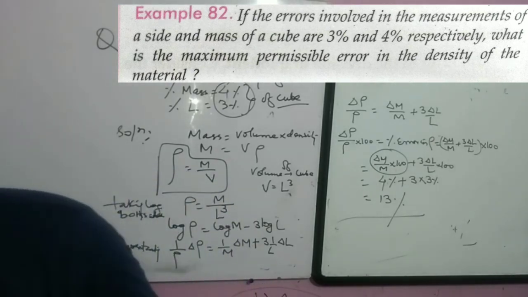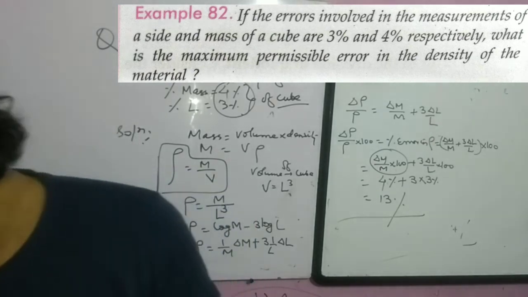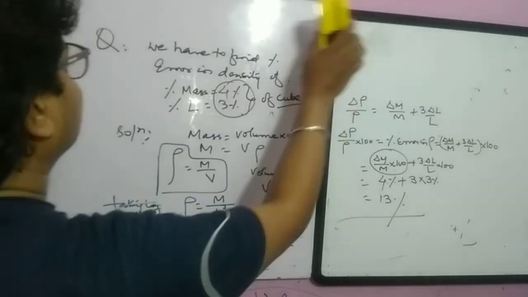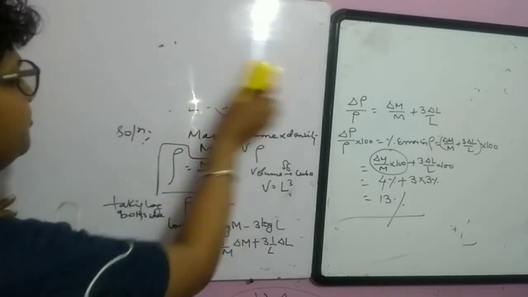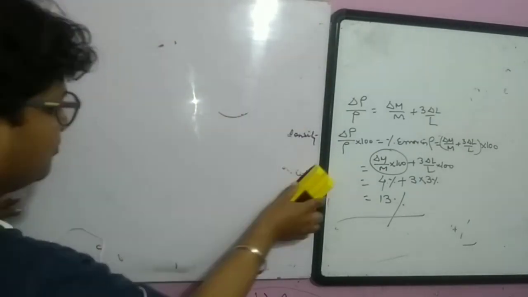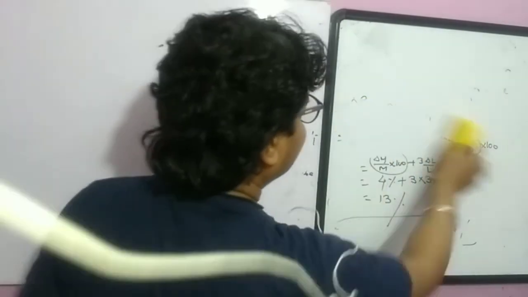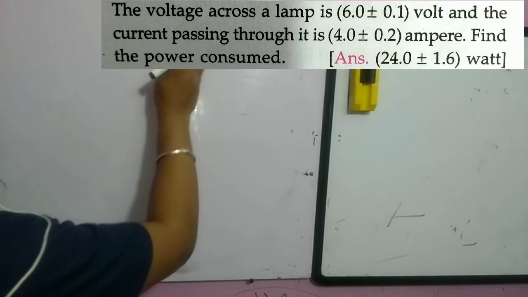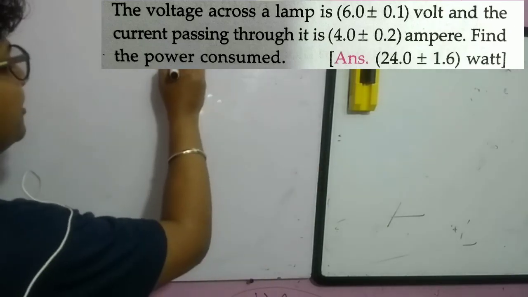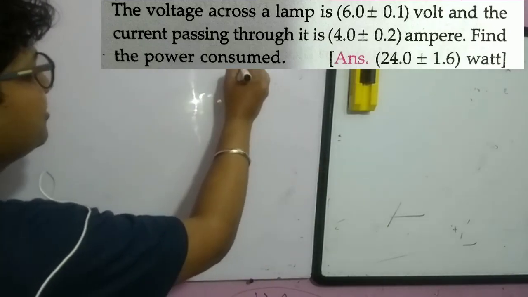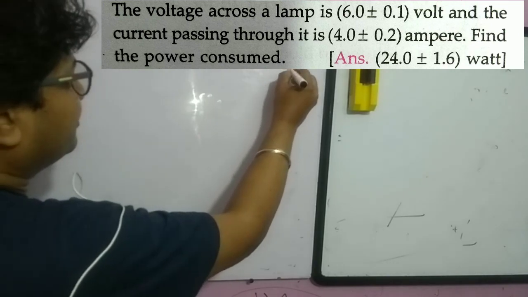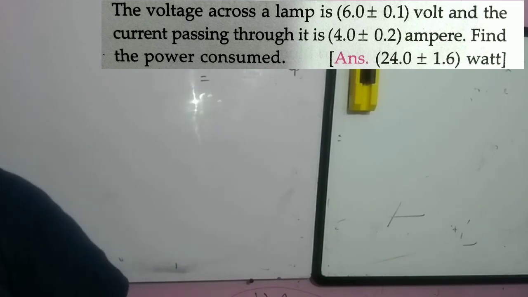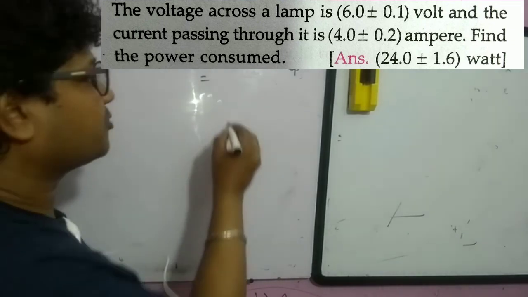So I would like to discuss one more problem, and that is the voltage. Question: we are provided with a voltage across a lamp, ये हमारे को दिया हुआ है, and that is equal to 6 plus minus 0.1 volt.